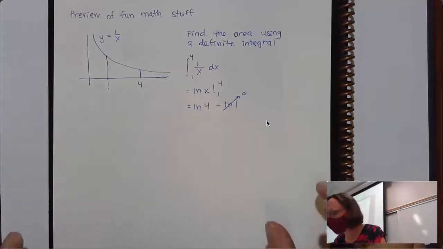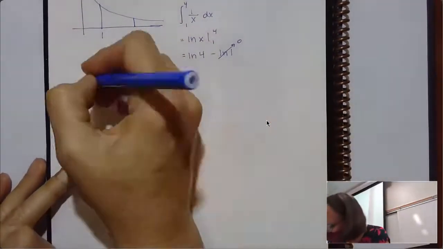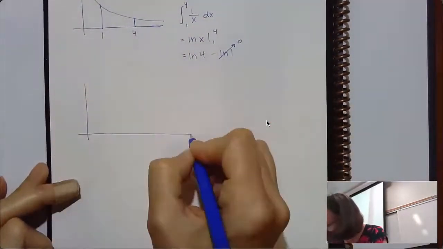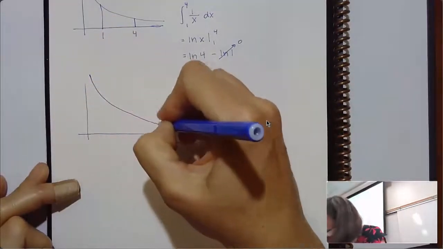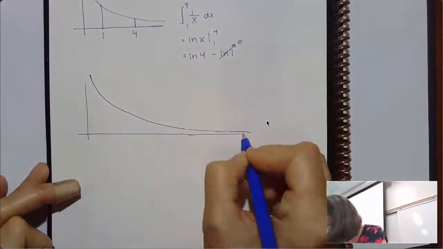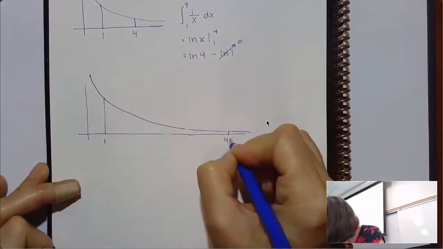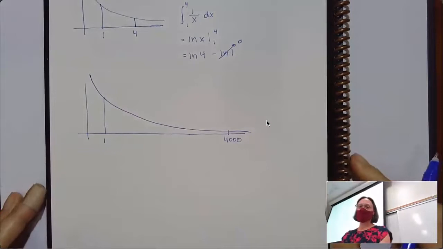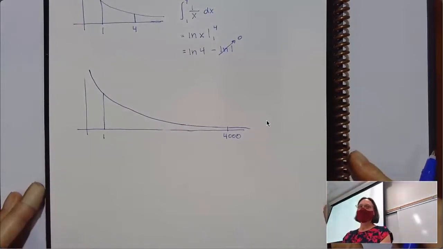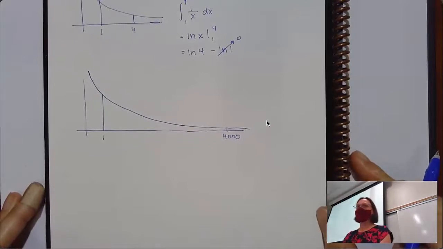You ready? Same graph. But what I really wanted to know is the area from 1 to 4,000. Don't think too hard, because not very much changes in that integral.